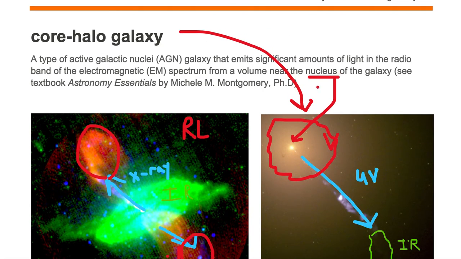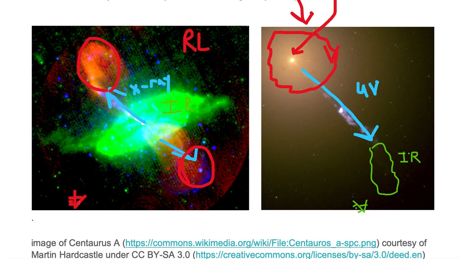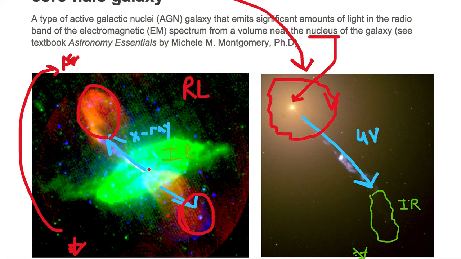Now, we may have the same type of galaxy, it just depends on the orientation of the observer. So if the observer was looking from this direction, we would call this galaxy a radio lobe galaxy. If, however, we moved your eye to over here, where instead you're looking down through the lobes to the core, we might call this a core halo galaxy.